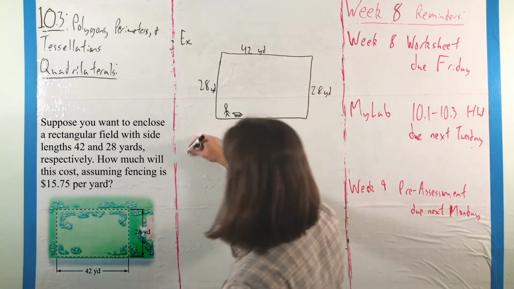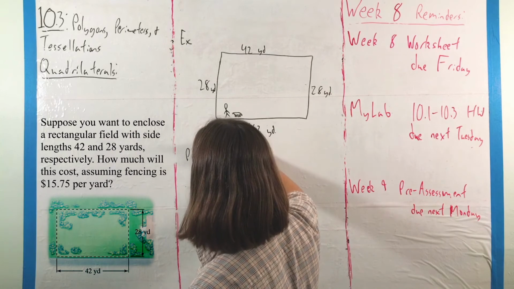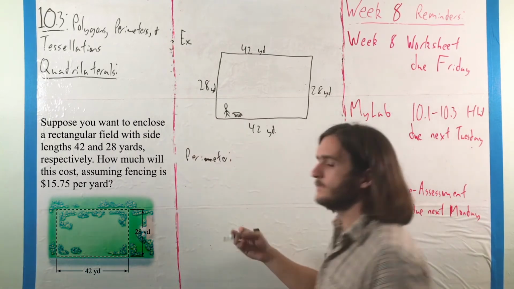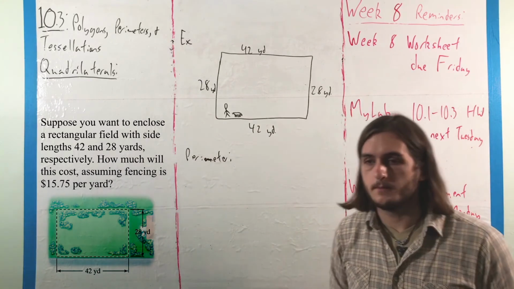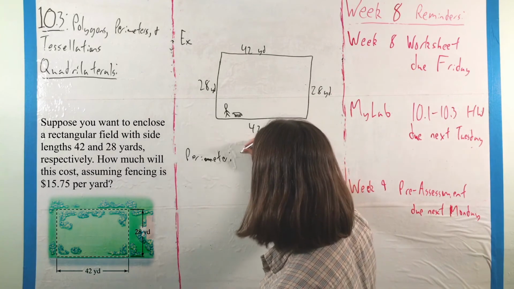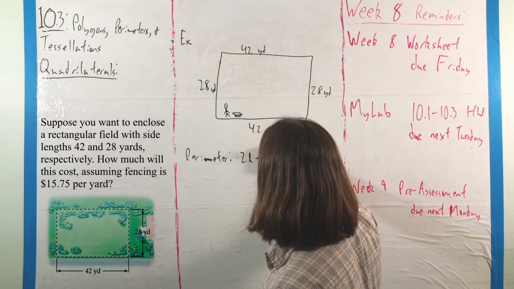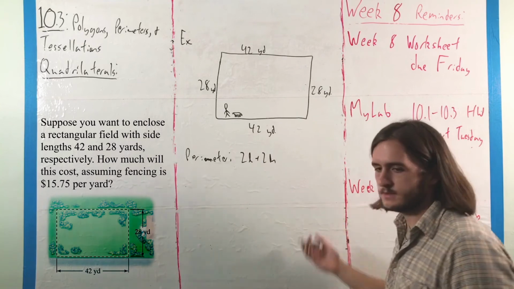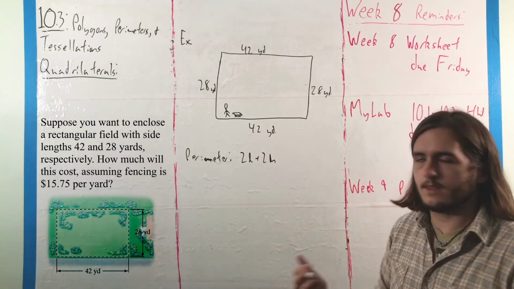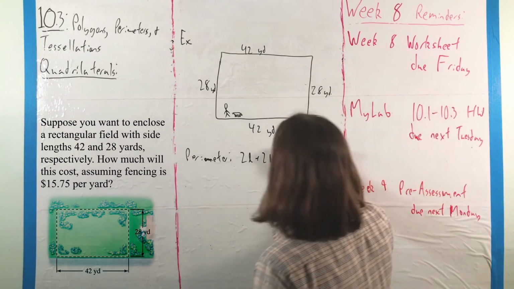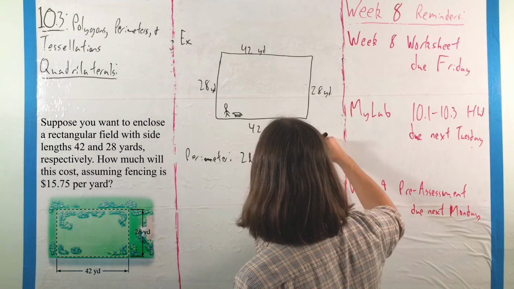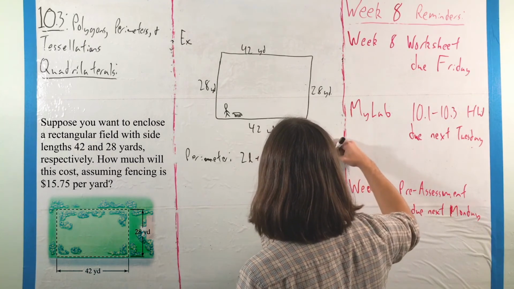So if we want to find the perimeter, we can use the general formula for perimeter of a rectangle, which is sometimes written 2L plus 2H, 2 times the length plus 2 times the height, or length and width, however you want to call that, which here you could say is 2 times 42 plus 2 times 28.